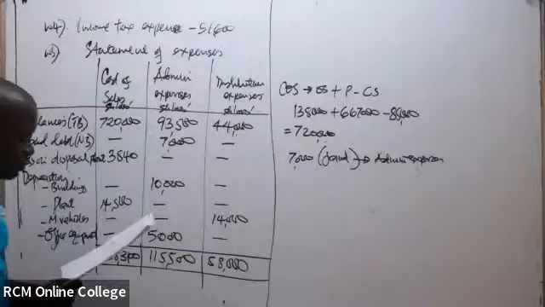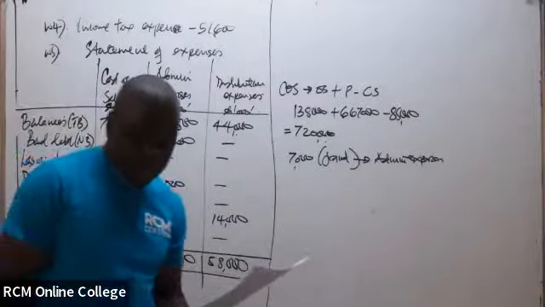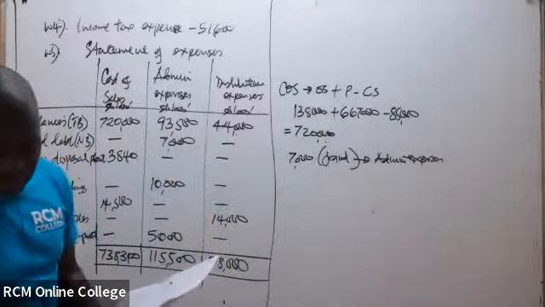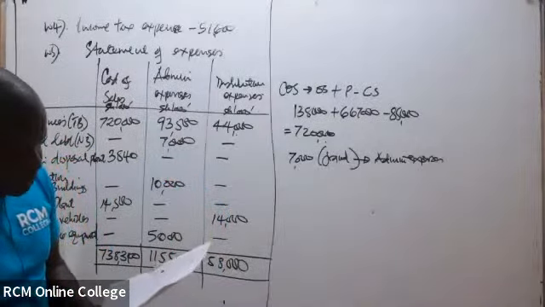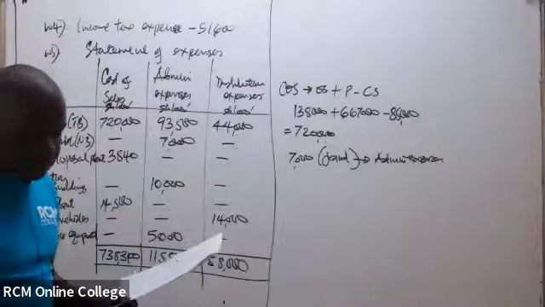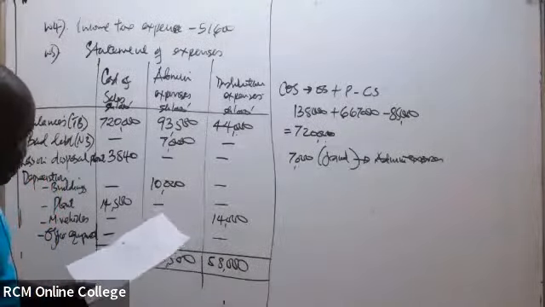So once you have the statement of expenses, now you can prepare what? Your statement of profit or loss.